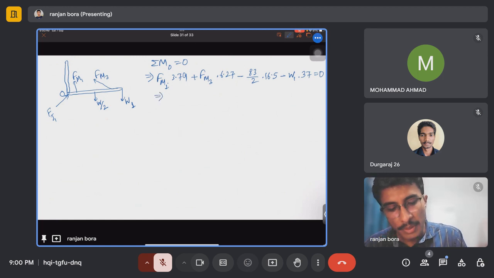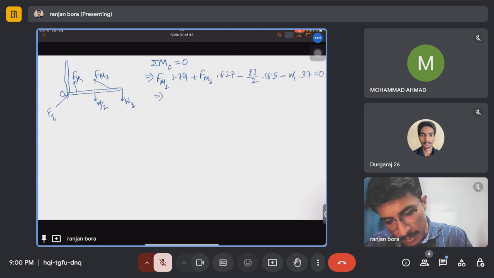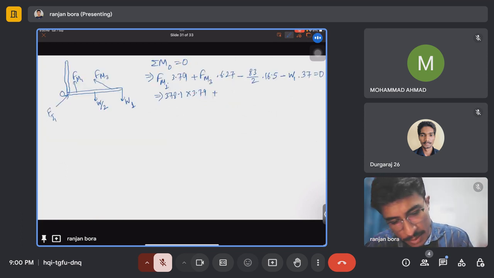So FM1 was 378.1. FM3, this muscle, 87.6, times 6.27, minus 83 by 2 times 16.5, minus W1 times 37.0.